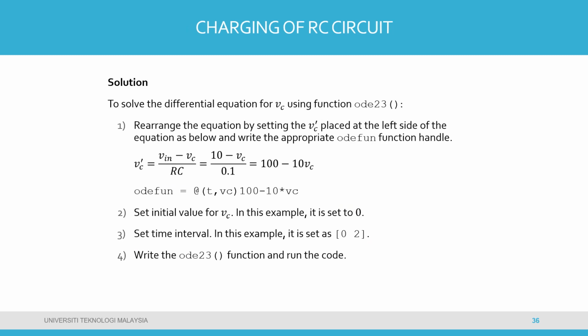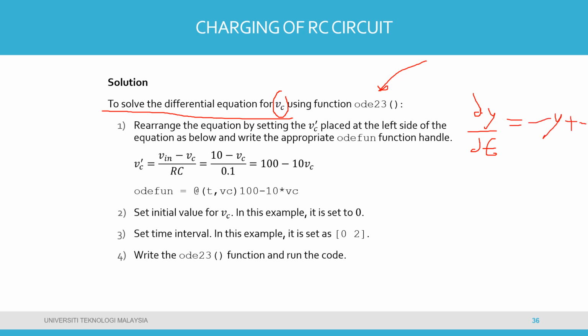Remember, like I showed before, to find VC using ODE23, you have to make sure that, as in the earlier example, dy over dt needs to be something times y plus something.